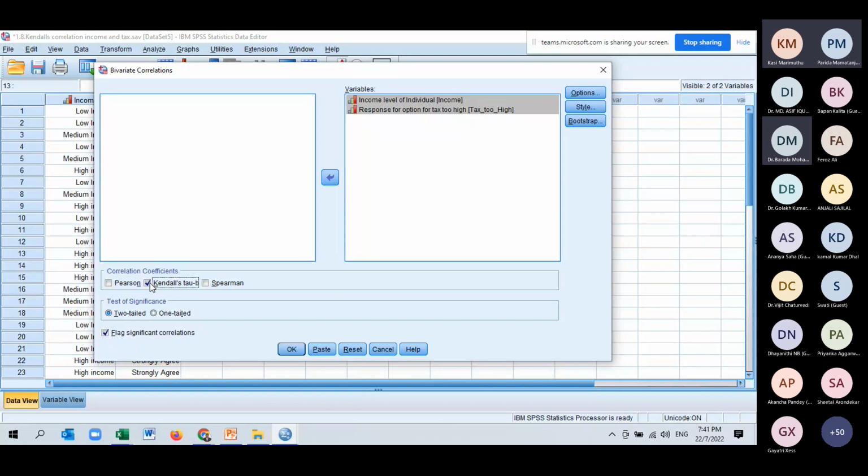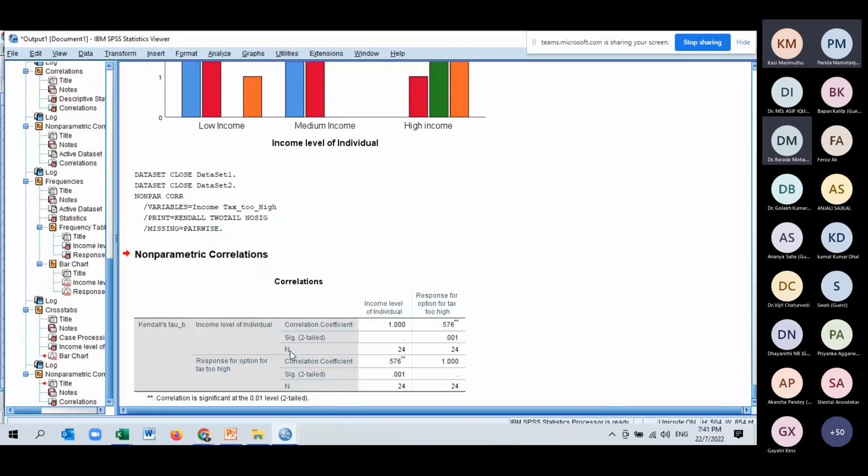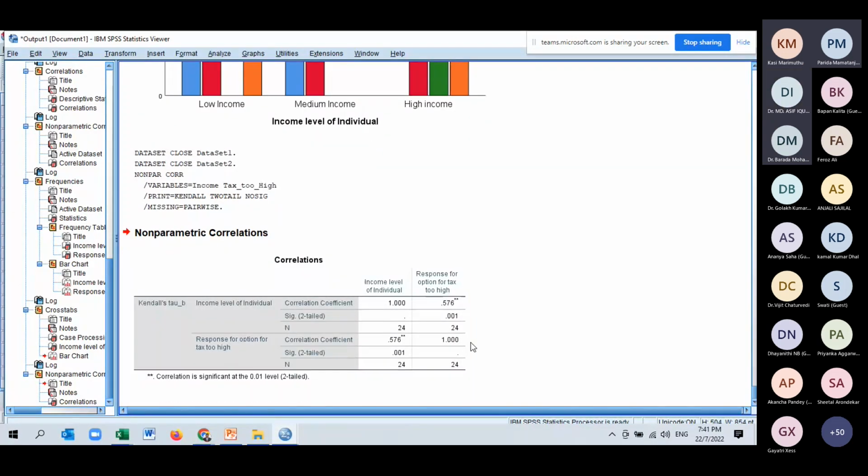Is there any relationship between income and the taxation in the country being very high? How strongly are the two variables related? Click OK. So tell me, what is your conclusion and interpretation on this? There is a moderate positive relation between the two variables.